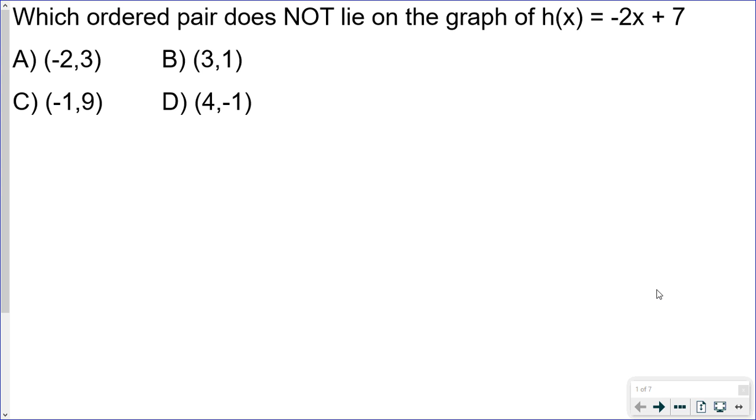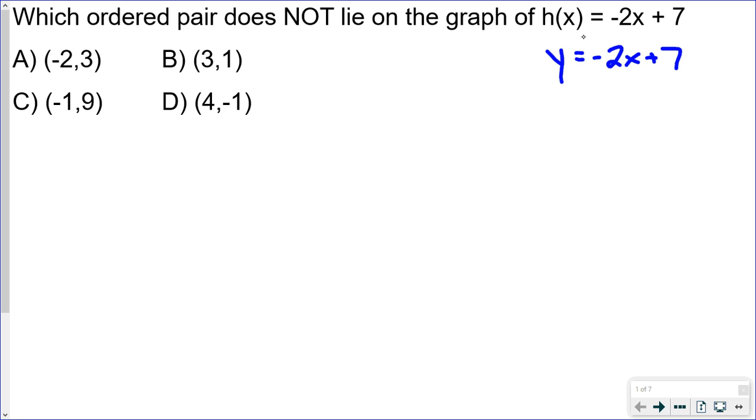All right, so this question says, which ordered pair does not lie on the graph of this function? So first of all, this is written in function notation. Remember that really this is no different than if you wrote y equals negative 2x plus 7.